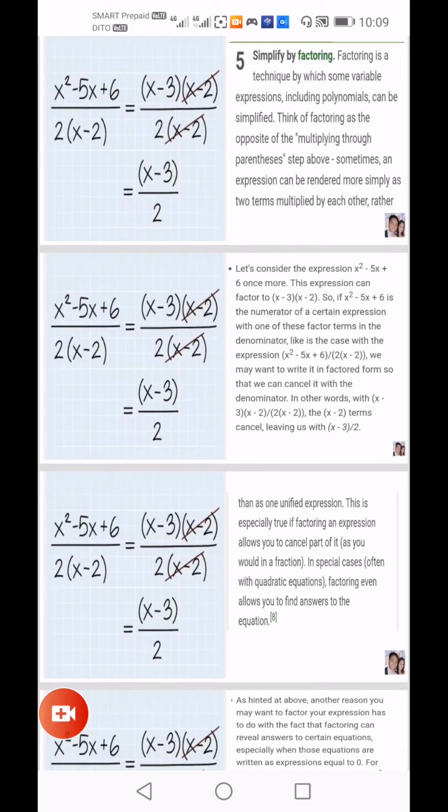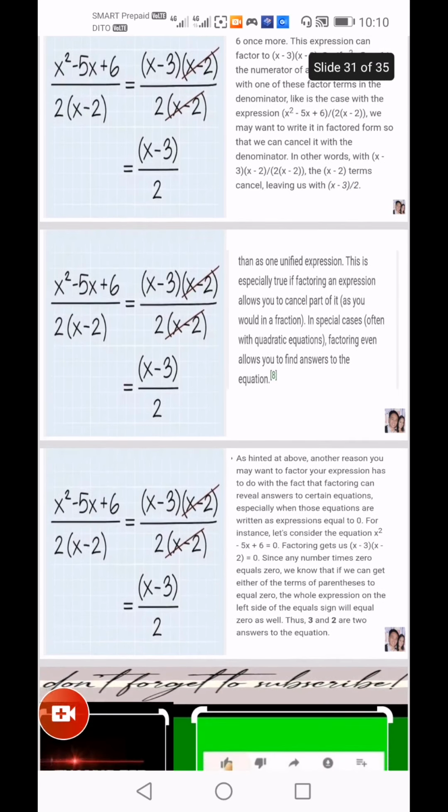In other words, with x minus 3 times x minus 2 divided by 2 times x minus 2, the x minus 2 terms cancel, leaving us with x minus 3 divided by 2.